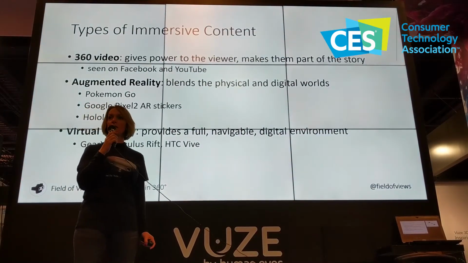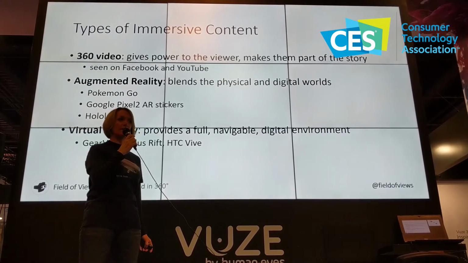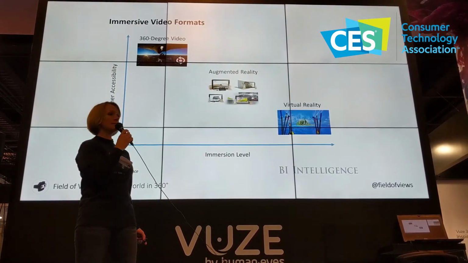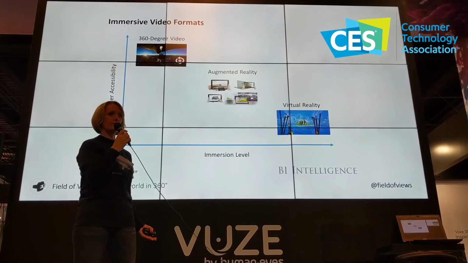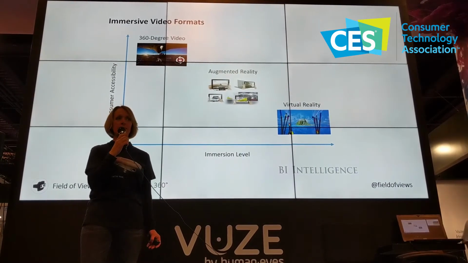So there are different types of immersive content. We have 360 video content, we have augmented reality, and we have virtual reality. And business intelligence ordered these types of content for us nicely based on immersion level and consumer accessibility.